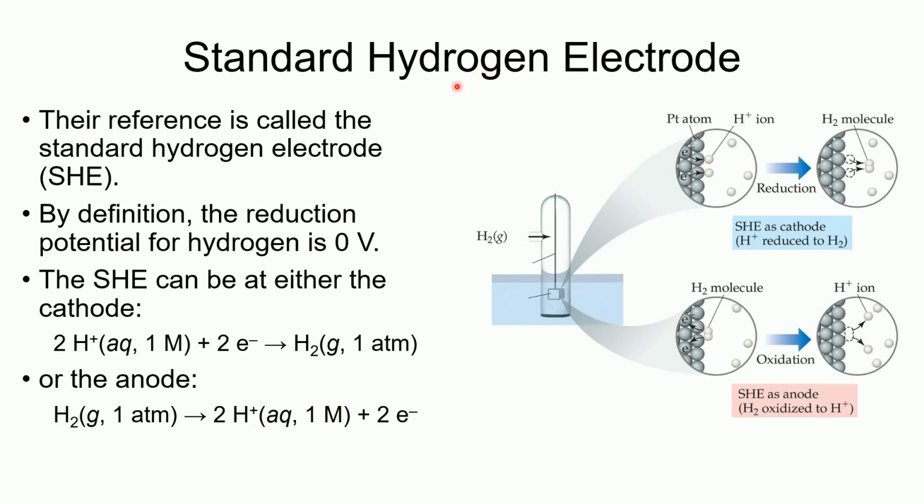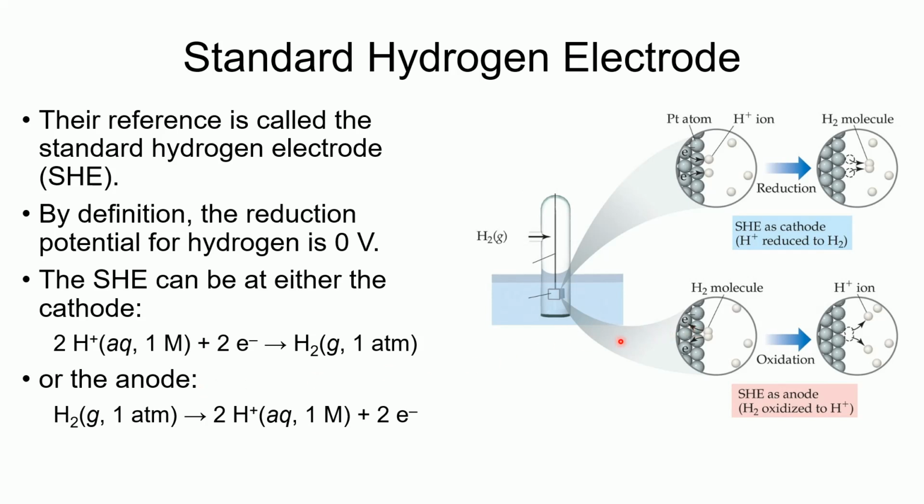For it to be the standard hydrogen electrode, we need to have everything at standard conditions, which requires that anything in solution be 1 molar, and anything that is a gas be 1 atmosphere. And that's why you see the 1 molar and the 1 atmosphere there.